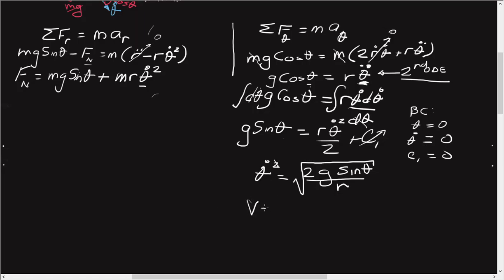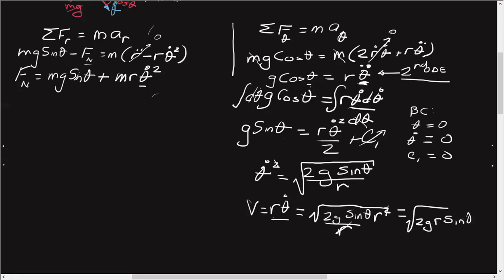The velocity will be r theta dot. It's an r omega type, so it'll be square root of 2g sine theta on r, and this r can come in here as an r squared, which will clean out, and we'll get our answer as the square root of 2gr sine of theta.